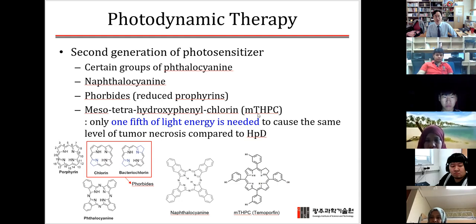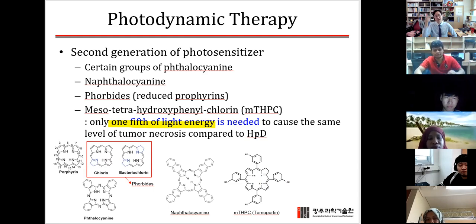Especially this MTHPC requires only 20% of the light compared with the dihematoporphyrin to cause the same level of tumor necrosis. So that means this MTHPC can work in about 5 times deeper tissue compared with the hematoporphyrin here.